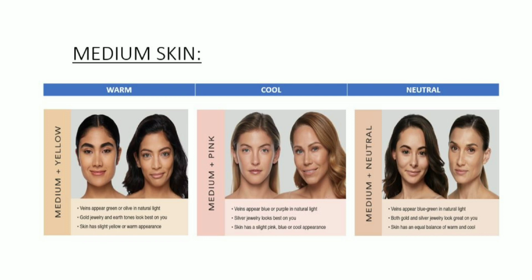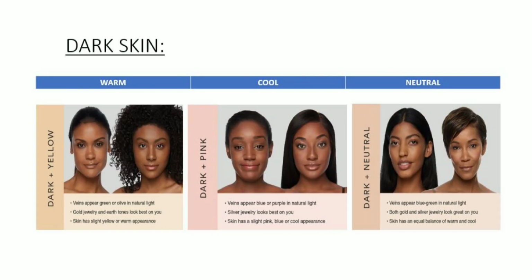When you move to the dark category, if you belong to the warm category, you will have a very strong golden hue to the skin, and if you are towards the cool category, your skin will have more reddish undertones. And that's the difference between the different undertones.